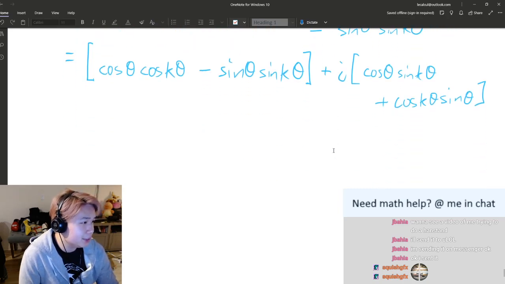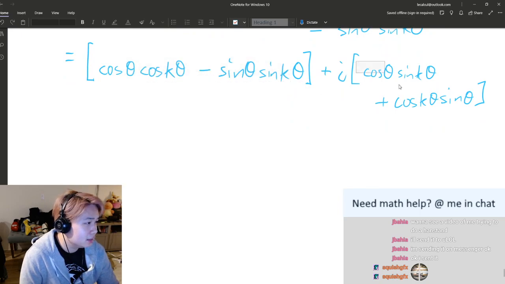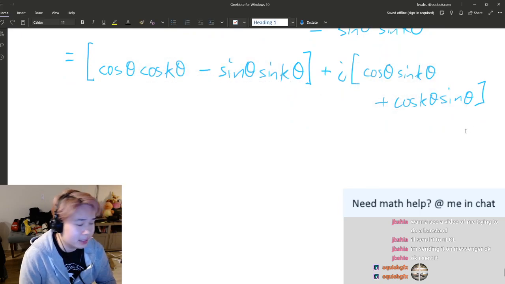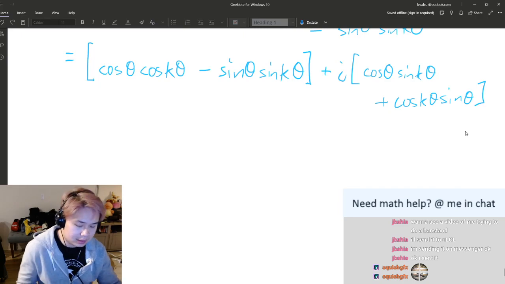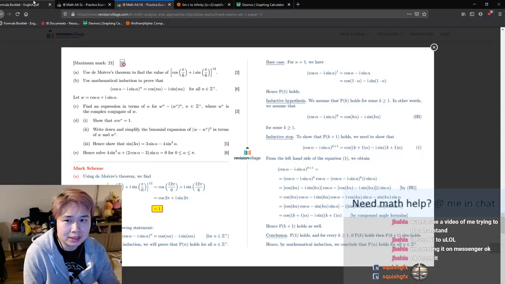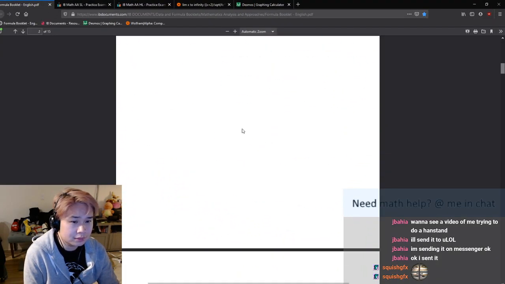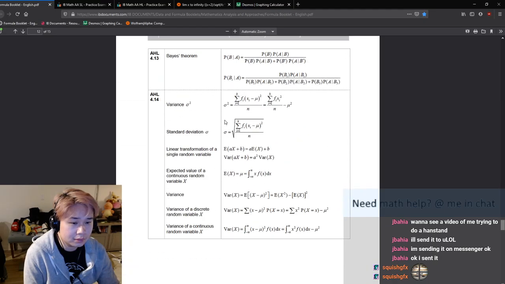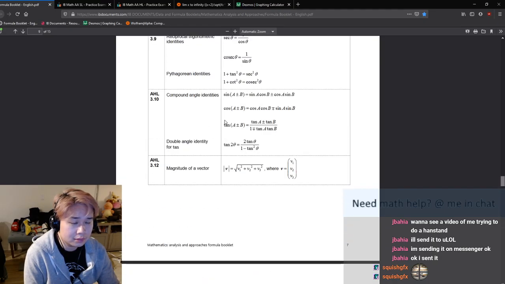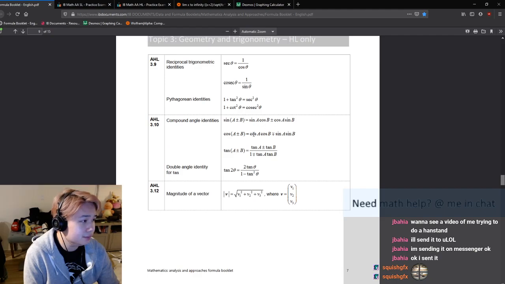Okay, collect my real and imaginary components, and then these are sum of angle identities, right? So if you pull out your formula book, you will see them. Right here.